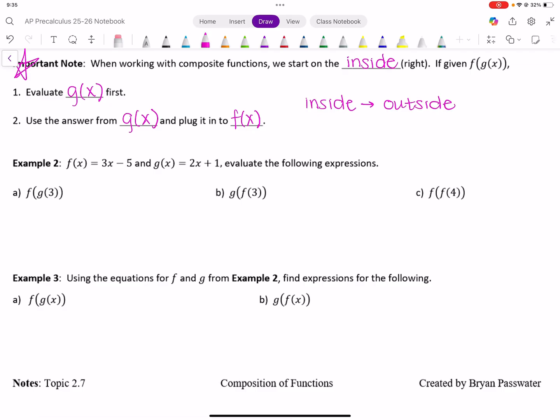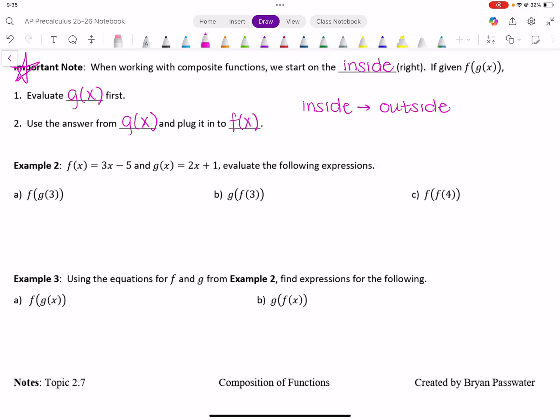So we have a new function f and g. F of x is 3x minus 5, and g of x is 2x plus 1. And then we're going to evaluate three different expressions. So as we said, we always start with the inside. So we're going to do g of 3 first.